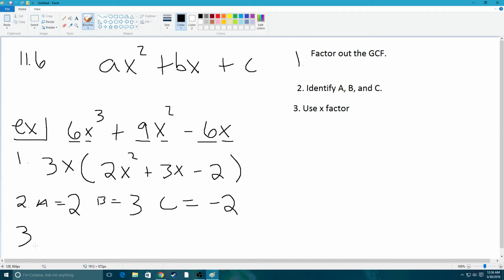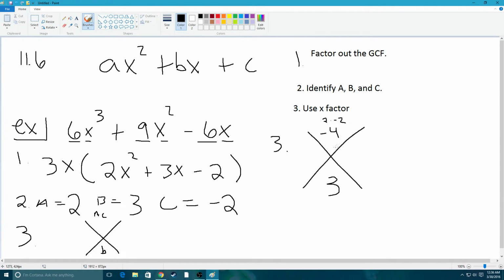So step 3, X factor. Okay, AC on top, B on the bottom. So I'm going to go ahead and do number 3 over here. So A times C, 2 times negative 2 is negative 4. And on the bottom, B is 3.